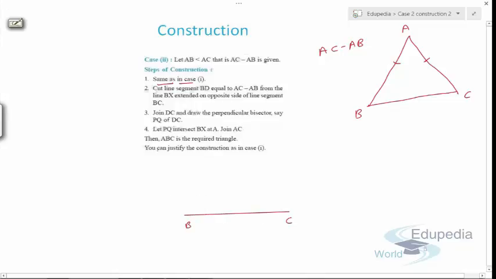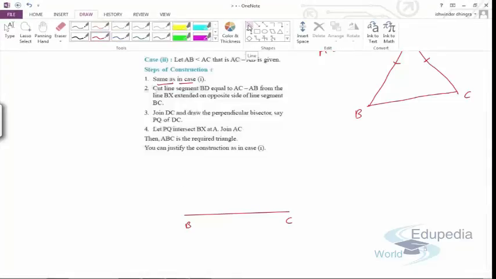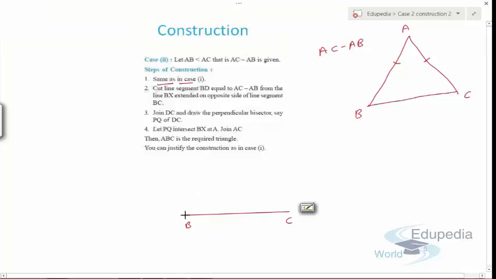Then again we need to cut BD, the line segment which equals AC minus AB, but in the opposite direction. So first we need to draw an angle at point B, and then extend the line, let's say ray BX.